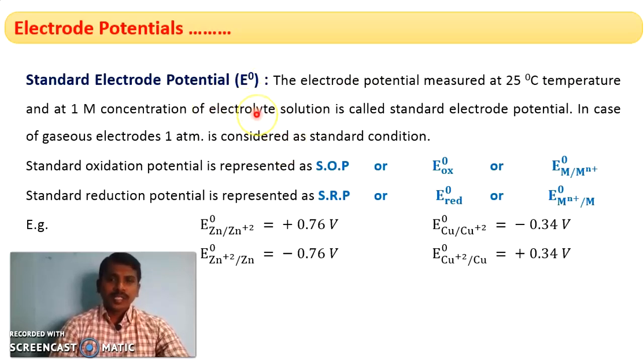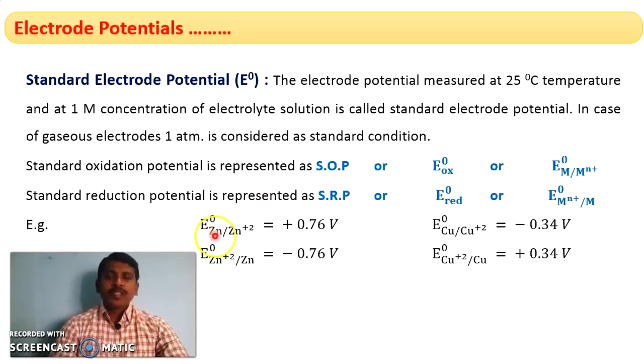These values are fixed. Standard oxidation potential is represented with SOP or E naught OX or E naught M bar Mn+. Standard reduction potential is denoted with SRP or E naught reduction or E naught Mn+ bar M. So these are fixed values. Why? Because conditions are fixed, conditions are standard.